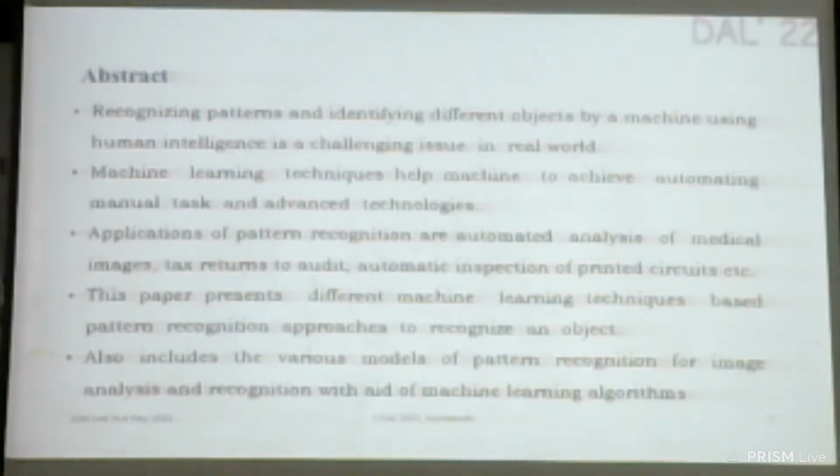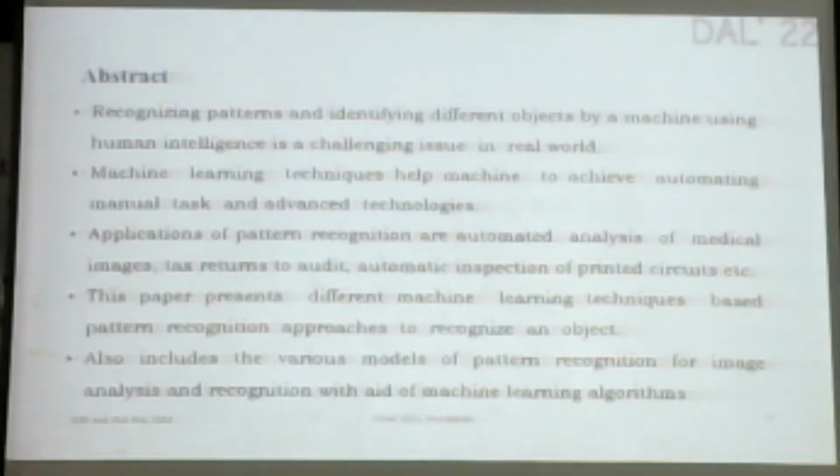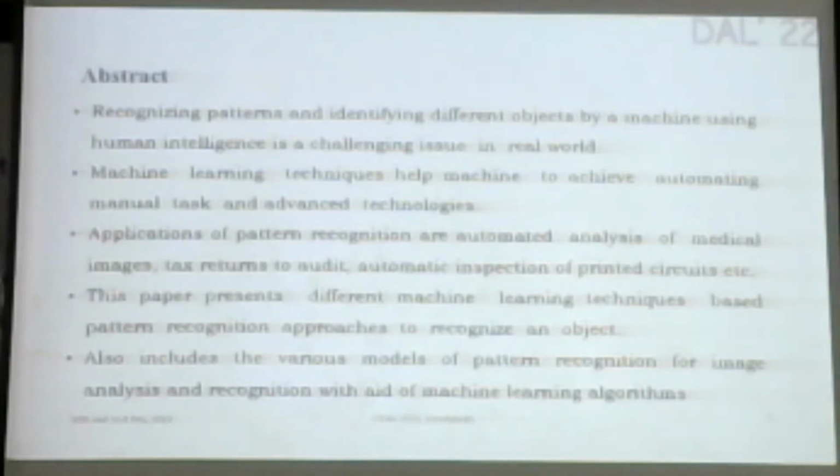The applications of machine learning and pattern recognition are analysis of medical images, tax return audit, automatic inspection of printed circuits, etc. We are presenting a paper on different machine learning techniques based on pattern recognition and approaches to recognize an object. This also includes various modules of pattern recognition for image analysis and recognition with the aid of machine learning algorithms.